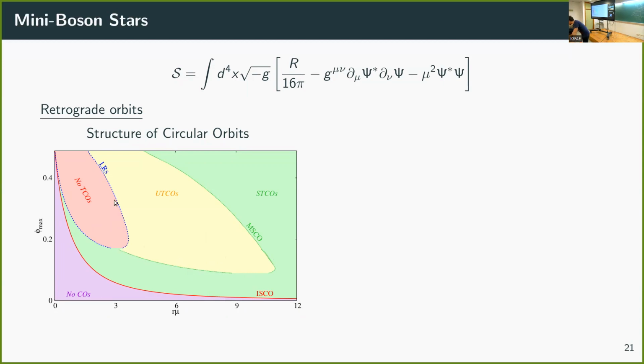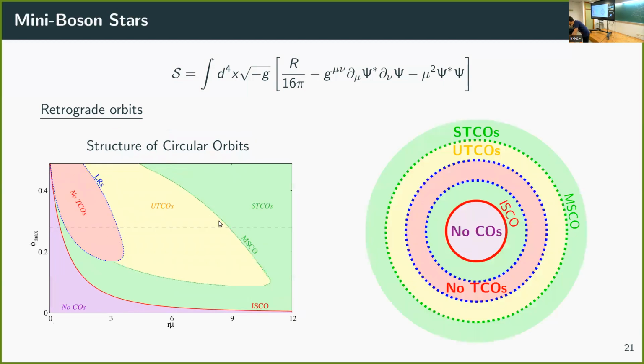This light ring is always unstable, and this one is always stable. So you can see exactly here the result that I showed in the first part: when you have the light rings, the unstable one has above it a region of instability, the stable one has within it a region of stable time-like circular orbits, and between them you have a region without time-like circular orbits.